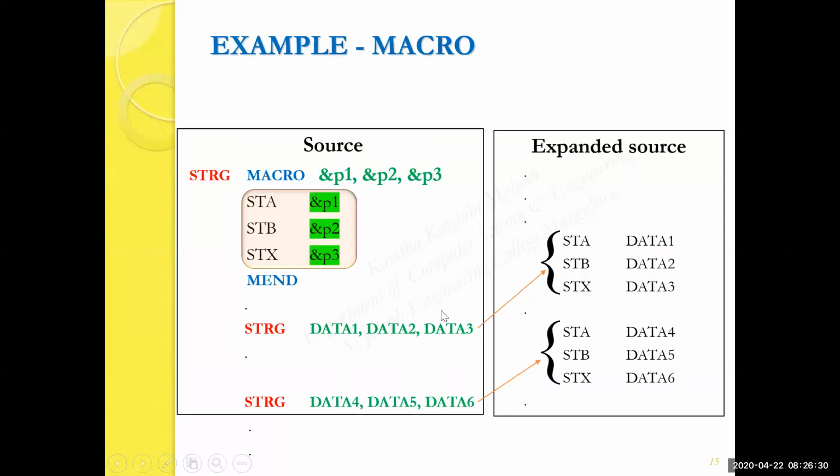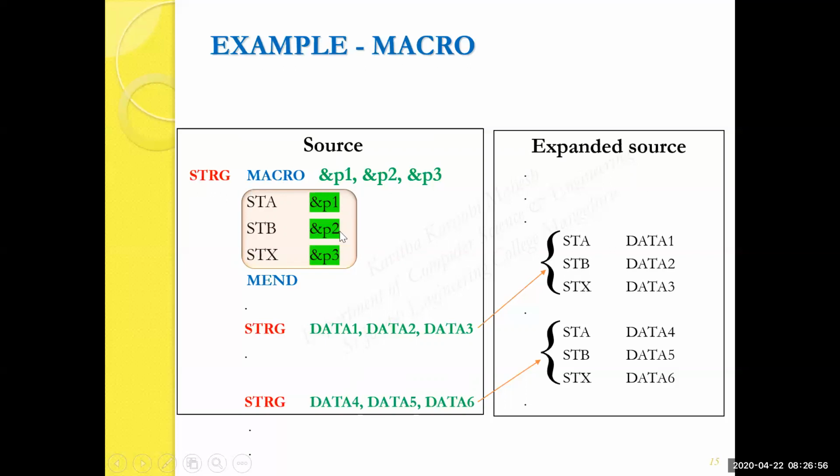Whenever a macro processor encounters this instruction referring to the macro, namely STRG, it generates the statements that form the body of the macro with the parameter P1, which is the first parameter in the parameter list, being substituted with the first argument in the argument list, that is data 1.